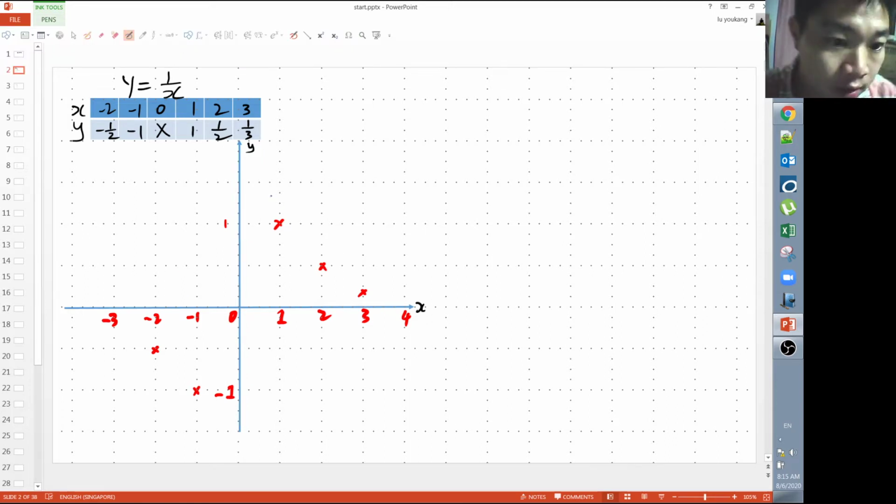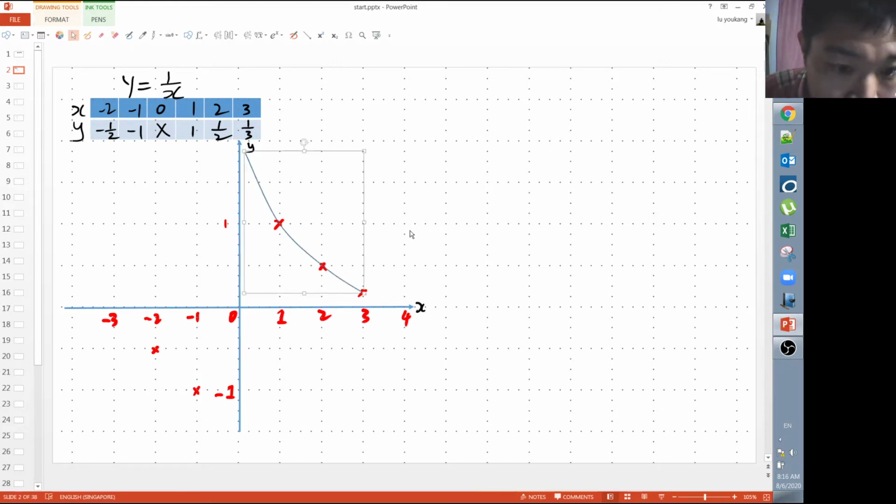Right, so for this, the right hand side, what you can do is link up the points. So start from here. Okay, so let me just continue with this. I should use a blue color.